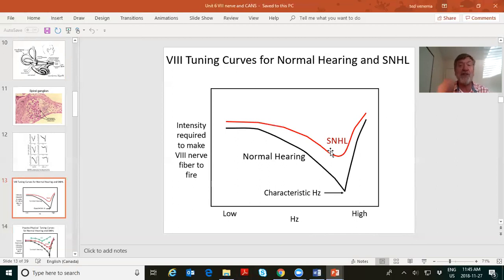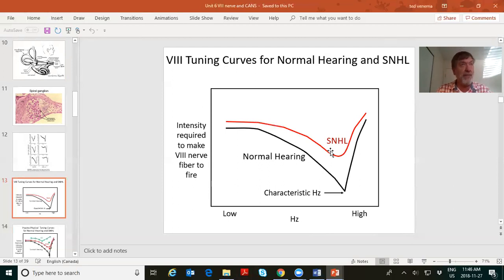So when you're looking at psychophysical tuning curves as opposed to eighth nerve tuning curves, they look quite similar. And the problem, therefore, is echoed again. And that's why people hate hearing aids, because they are more easily masked.